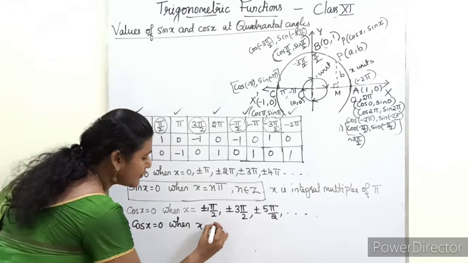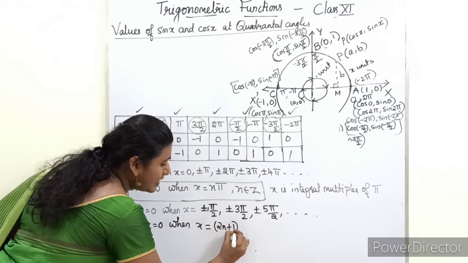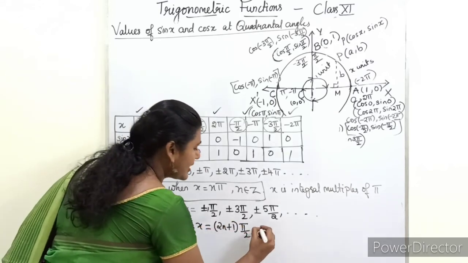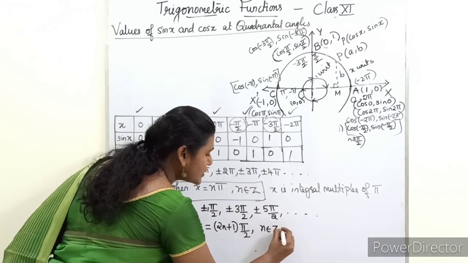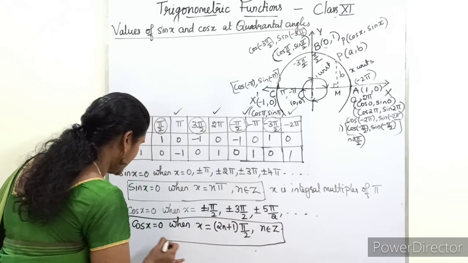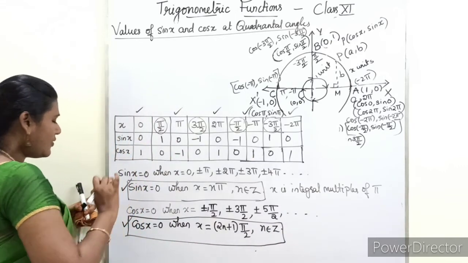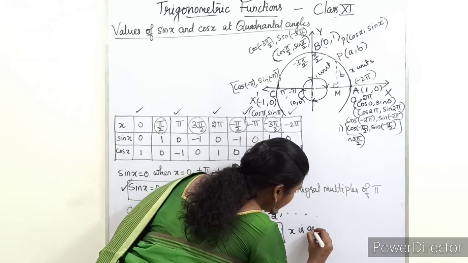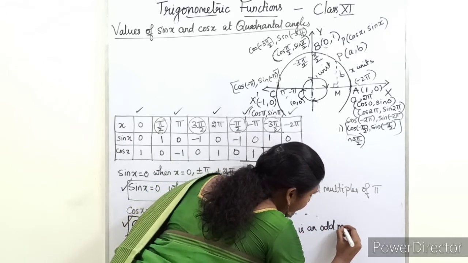How will you represent an odd number? 2n plus 1. So an odd multiple of pi by 2 is (2n plus 1) into pi by 2, where n belongs to Z. This is the next important property of the cos function.